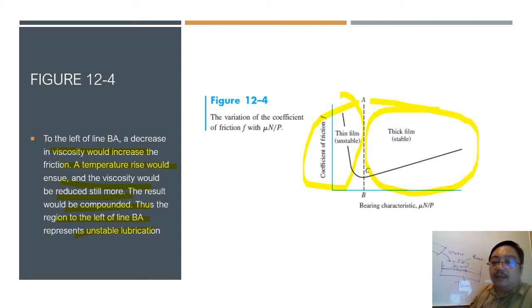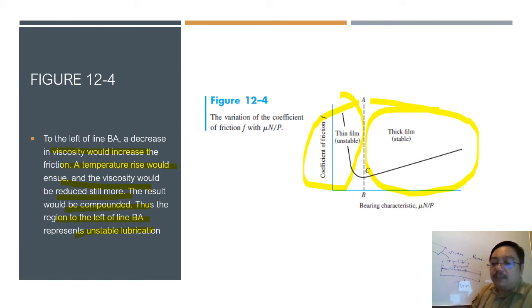After 10,000 kilometers, your car has to be serviced, because the lubrication oil film becomes thin. Initially it is thick. Now, because of heating and carbon and everything, the film becomes thin.